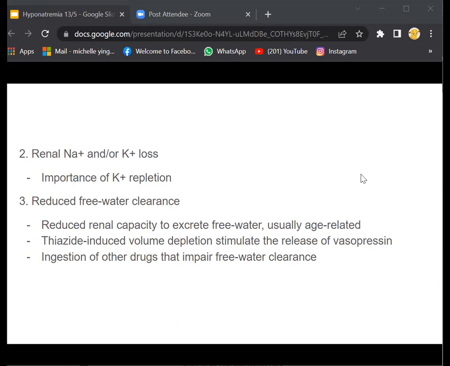Ingestion of other drugs can also impair free water clearance, and this reduced free water clearance can explain why many patients with DIH behave as if their volume is expanded, whereby the blood investigations will be similar to those with SIADH, which is initial volume expansion.